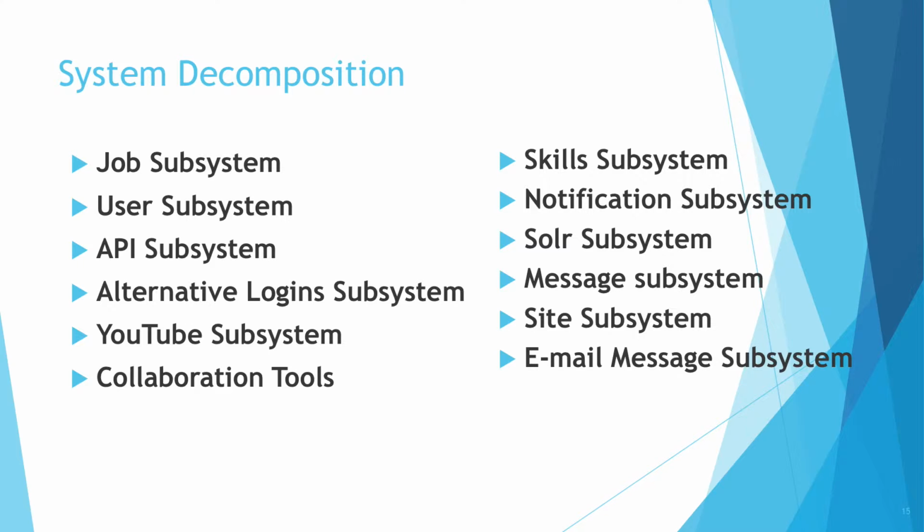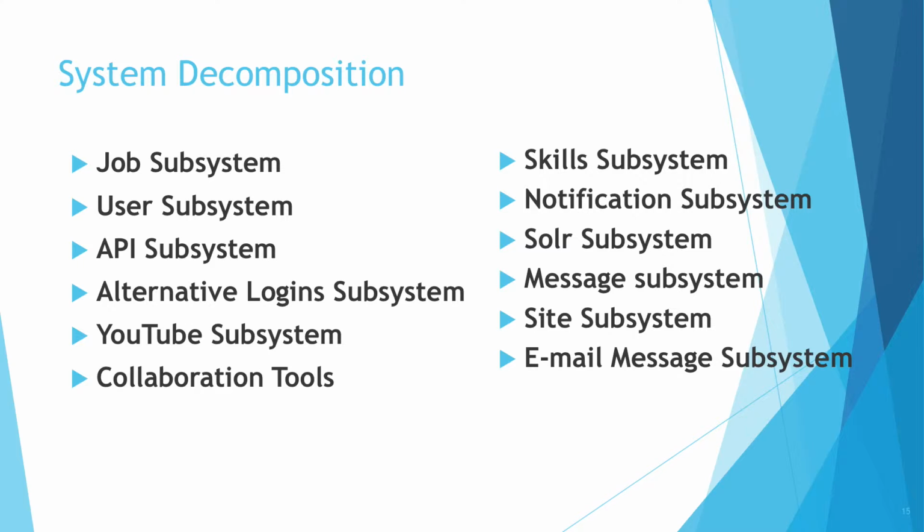We have the API subsystem, which handles getting jobs from other sources, such as Monster or Indeed. We have the alternative logins, which handles LinkedIn login, Google login, and guest login. The YouTube subsystem, which allows us to upload videos to YouTube, which is used for video resumes.